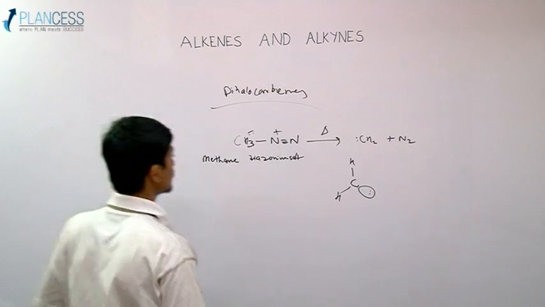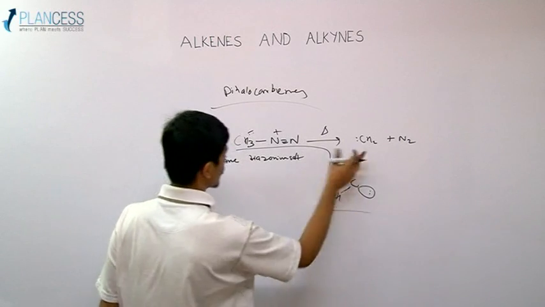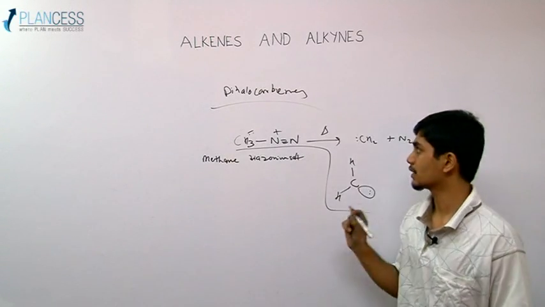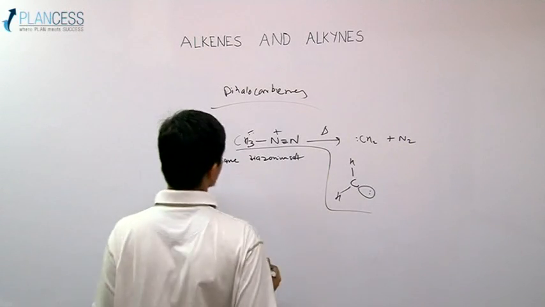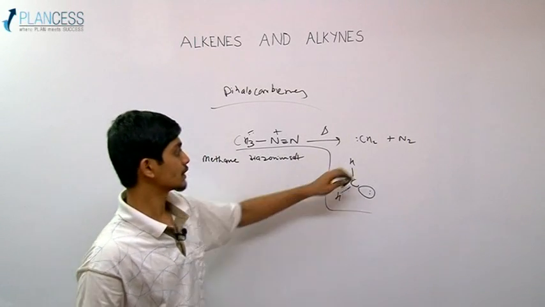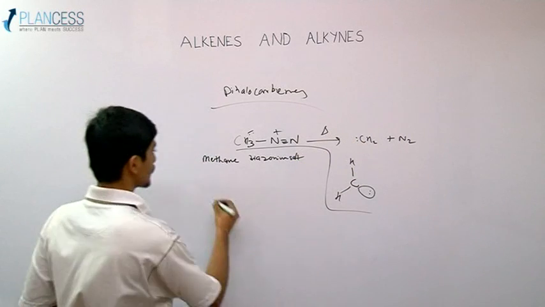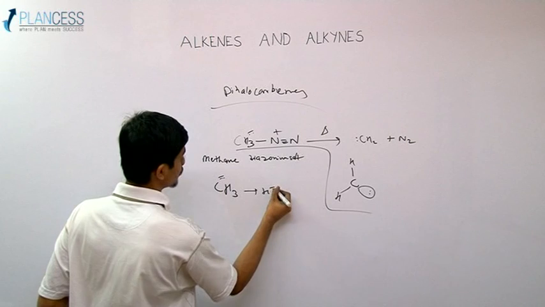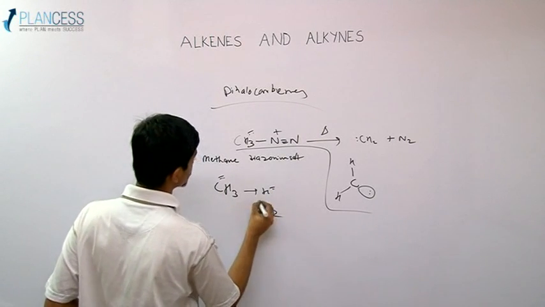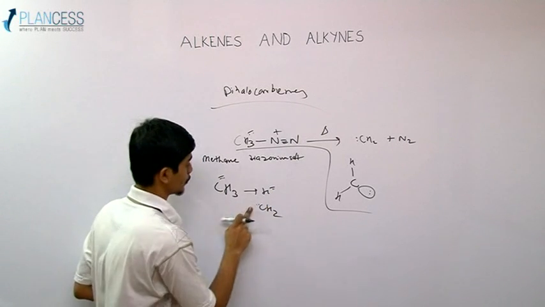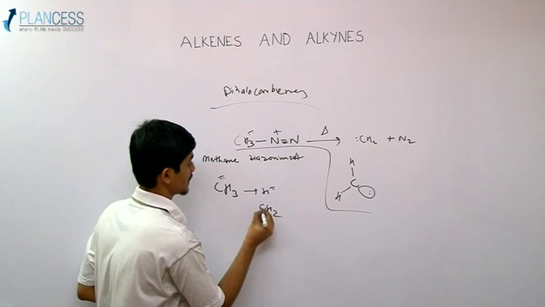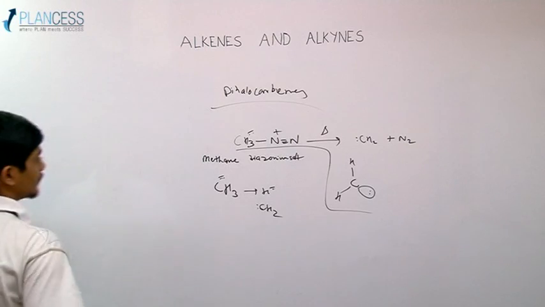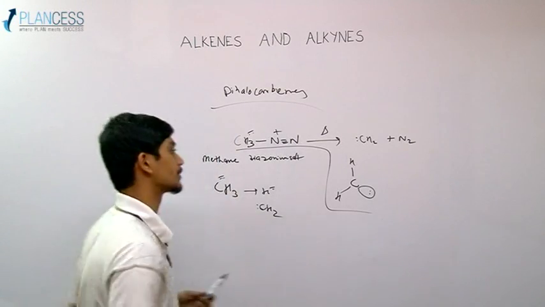So once we know how to prepare carbenes, we can also guess how to prepare dihalocarbenes. We need something which decomposes like this, where H minus should leave and leave us with CCl2 and a lone pair of electrons. So we need a leaving group, or in other words, what is called alpha elimination.